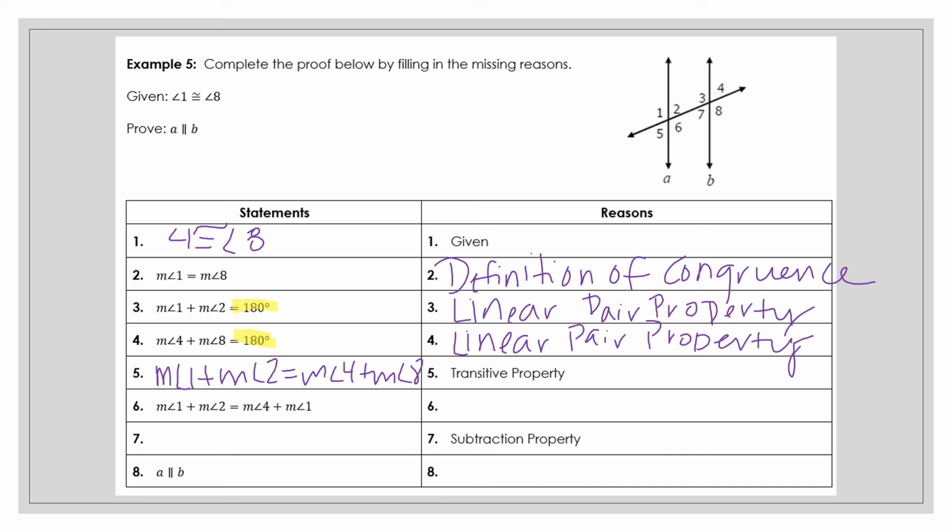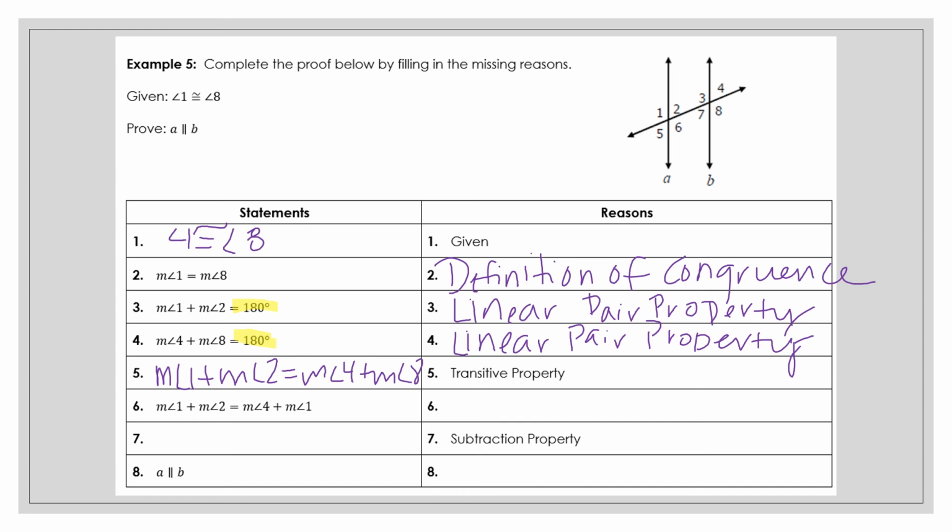All right, so now I'm trying to get that the measure of 1 is equal. I'm sorry, I'm not trying to get that. That's what I had. We were told in our given that the measure of angle 1 equals the measure of angle 8. So what I'm going to do, because I have the measure of angle 1 on the left side and the measure of angle 8 on the other side, is replace one of them.